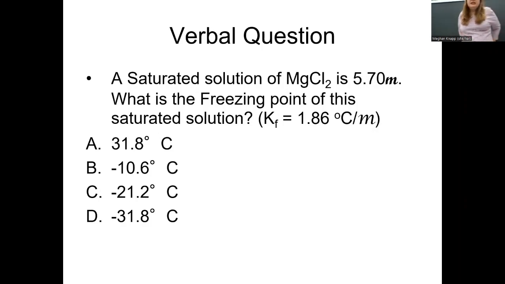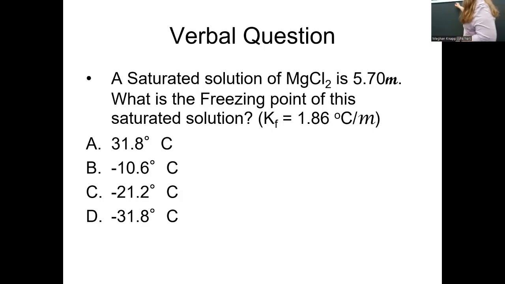Okay, so now let's take a look at an example problem. We have a saturated solution of magnesium chloride. It is 5.7 molal, and we want to know what is the freezing point. All right, so remember, in water. Yeah, if I don't specify, we'll say in water.